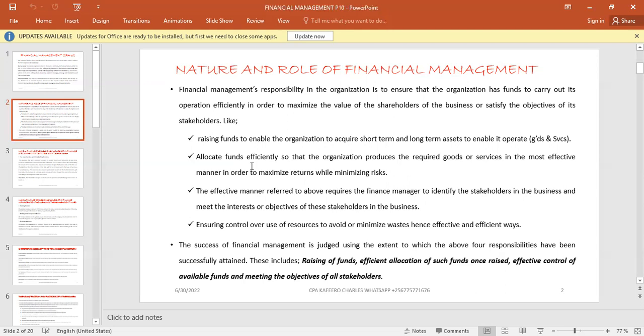And now we are saying that the success of financial management is judged using the extent to which the above four responsibilities have been successfully attained. And here we are saying, when we are raising the funds, we efficiently allocate the funds we've raised, and we make sure that we have effective control and we are meeting the obligations of the stakeholders.